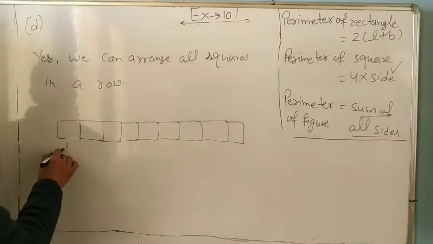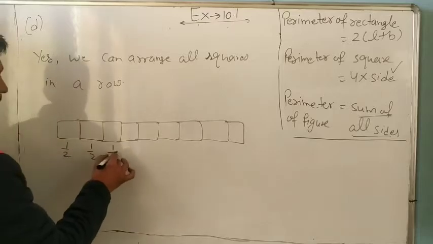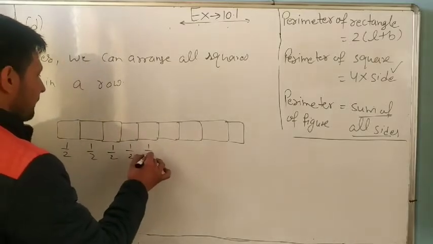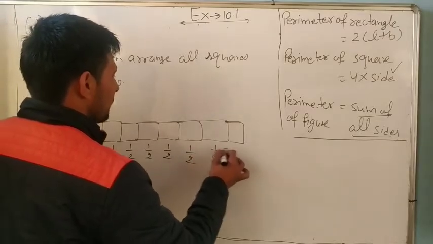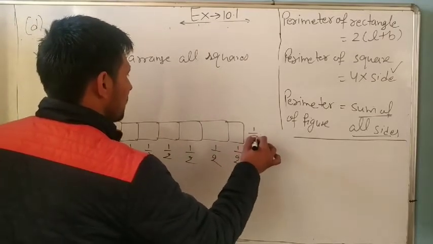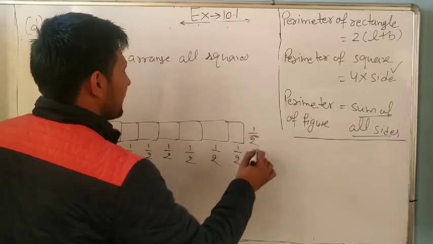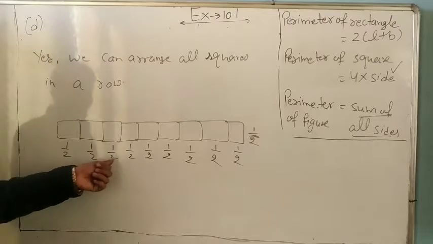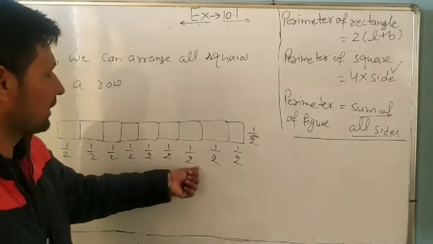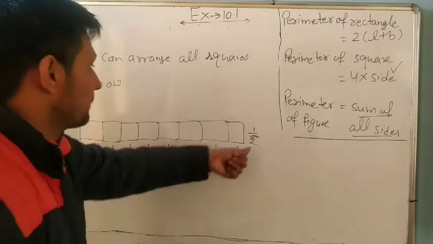Because each side is 1 by 2, 1 by 2, 1 by 2. So it becomes a rectangle. How will you find? 1, 2, 3, 4, 5, 6, 7, 8, 9, plus 10.